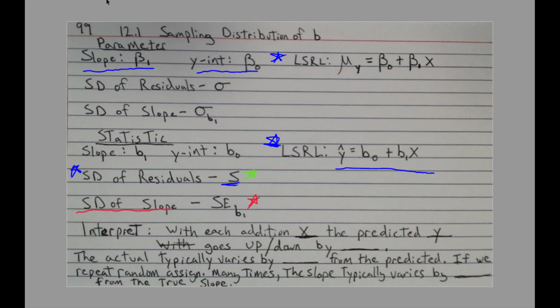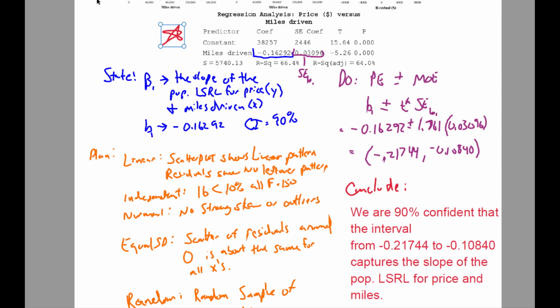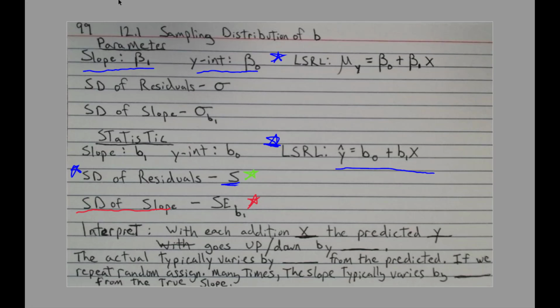Okay, understanding what these values are, dealing with the S for the standard deviation of residuals, and then your standard error of the slope, the SEB1, is found right there in the purple on this value, next to the standard error coefficient for the context of the problem. In this case, on this problem, it was miles driven. All right, so make sure those are there, as well as a write-out of how to interpret these down there as well.